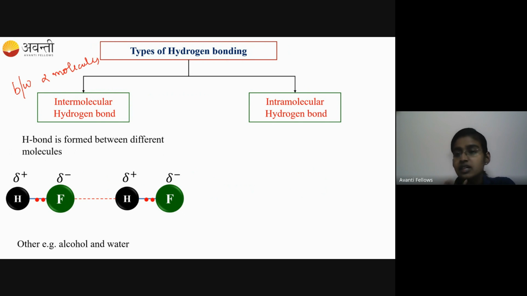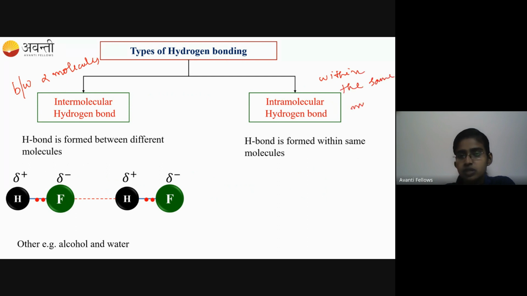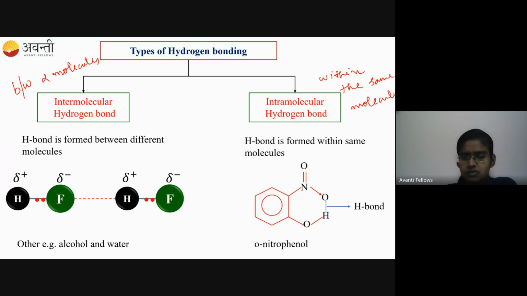And coming to intramolecular, the hydrogen bond is formed within the same molecule. The most common example is orthonitrophenol.